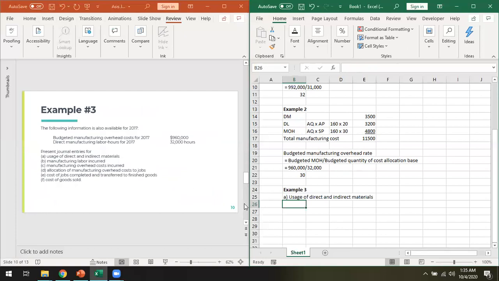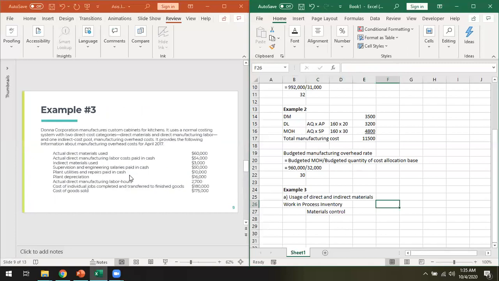So the journal will be work in process inventory. The debit is work in process inventory, and the credit is materials control. So how much direct material did we use? That is $60,000.